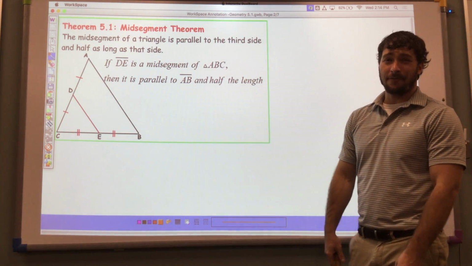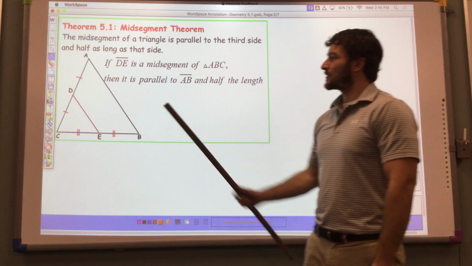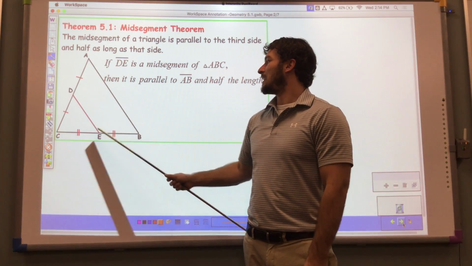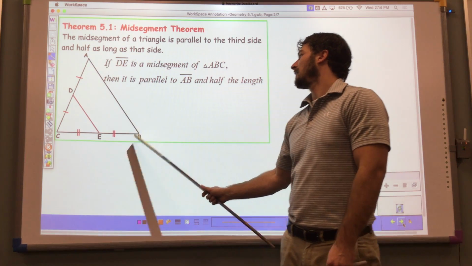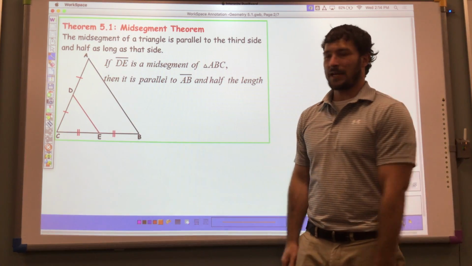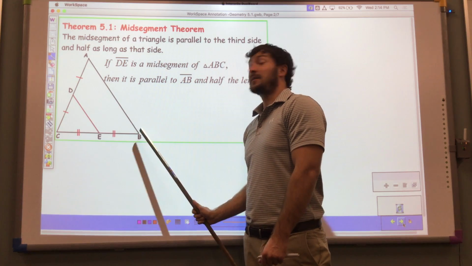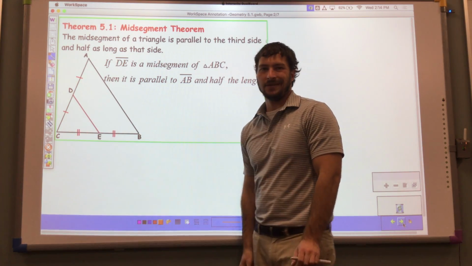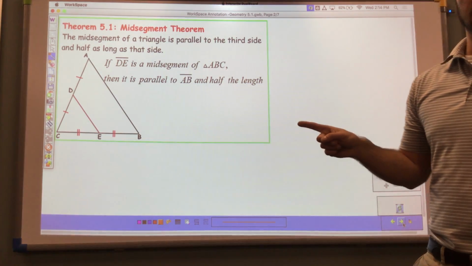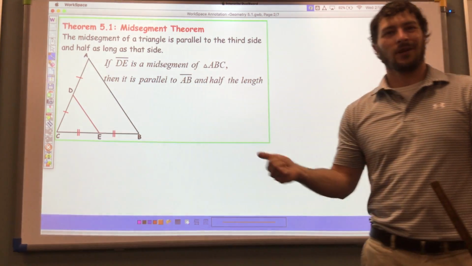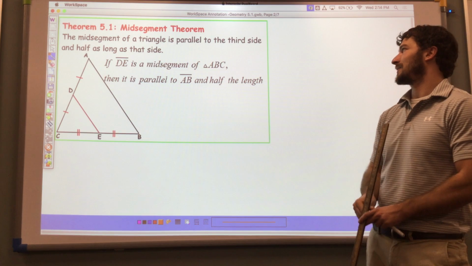It's also going to be half that segment's length. So the length of DE is going to be half the length of AB, or you could think of it as AB being double the length of DE. So again, two things with the mid-segment of a triangle. Number one, it's parallel to the third side, and it's also going to be half the value of that third side.